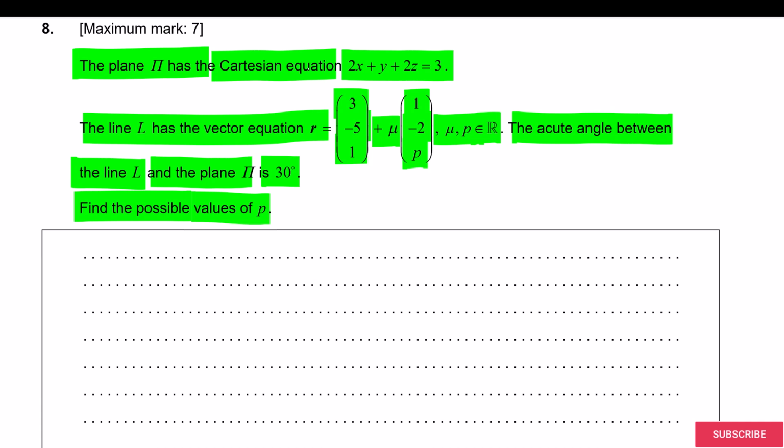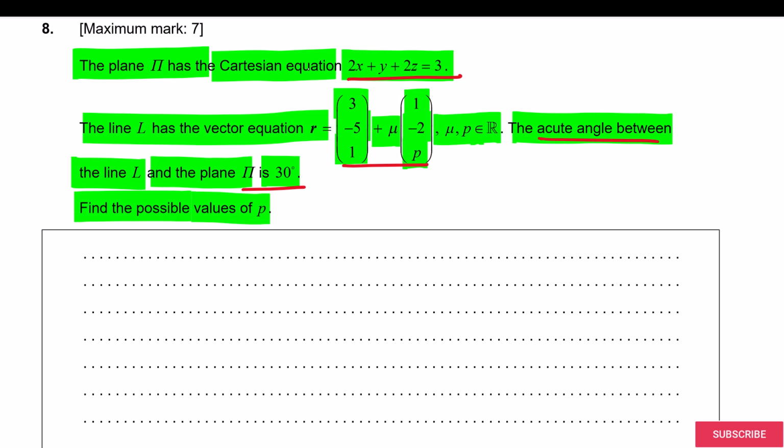From the given information we can see we have a plane pi and a line, and the angle between the line and plane is 30 degrees. Whenever we talk about the angle in vectors, we need two vectors to figure out the angle.